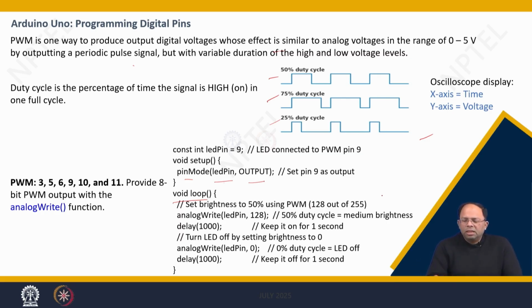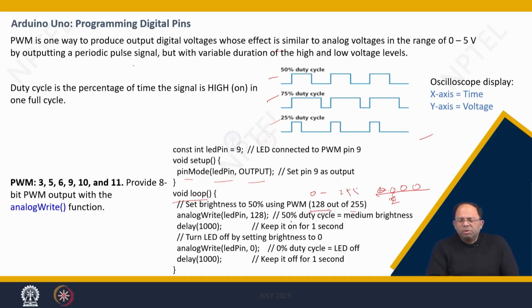I will keep it on for a certain amount of time, and depending on the values we send, we can have it from 0 to 255. Now this is again the concept of 2 to the power 8, which gives 256, and that is the total range of values that we can generate, depending on how long I keep that particular signal on in the PWM.